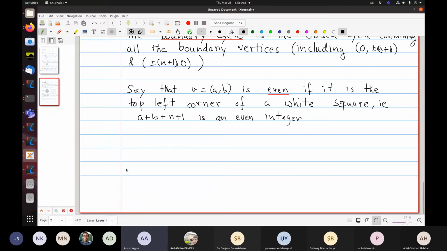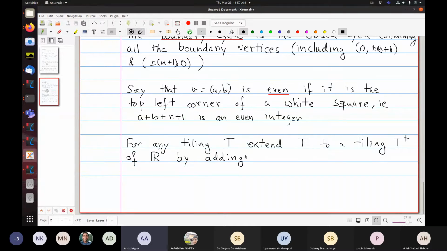All right, so now I'm going to do this extension. For any tiling T, extend T to a tiling T plus of R squared by adding horizontal dominoes everywhere else.